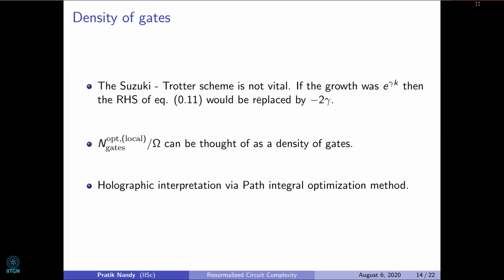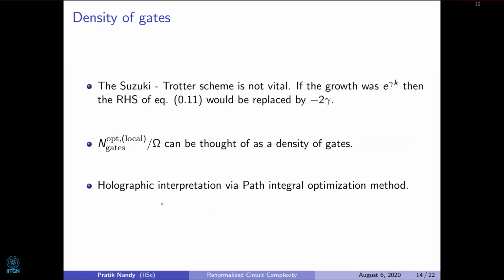So the Suzuki-Trotter scheme is not vital, we need just exponential growth, and this becomes a universal result. Because this is just a linear function of omega, we can think of this as the density of gates, and we want to find what the holographic interpretation of this density of gates is.